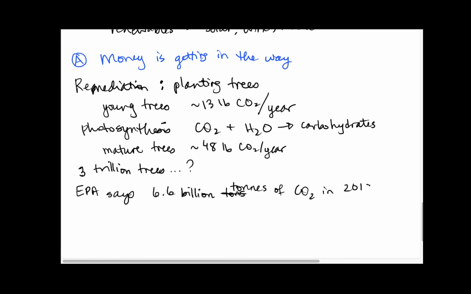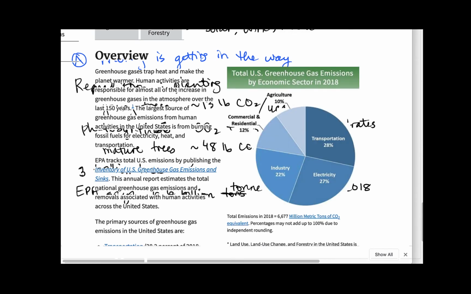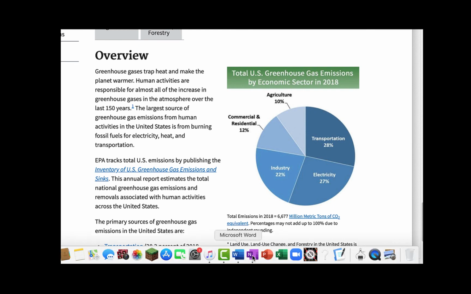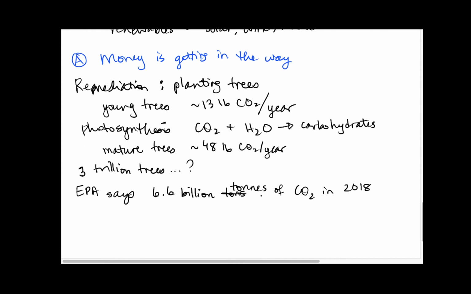I think that was 2018. Let's do a quick check. Yeah, so this is our US greenhouse gas emissions in 2018. They say that our total emissions were 6,677 million metric tons, or in other words, 6.7 billion metric tons of CO2 equivalent. So, close enough.